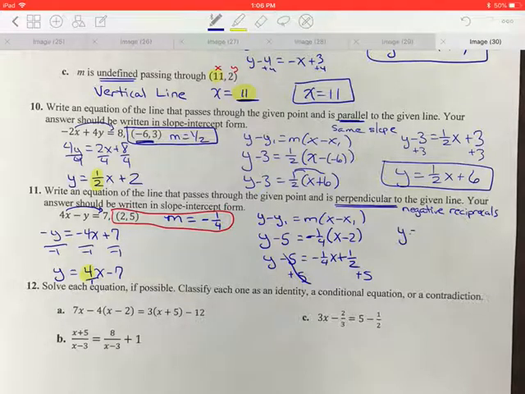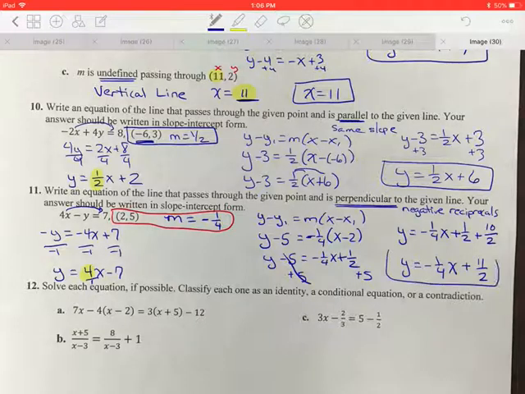So I get y equals negative 1/4 x plus 1/2. And I'm going to take this 5 and I'm going to write it as 10 over 2. So 10 over 2 is still 5, but it gives me a common denominator. So I end up with y equals negative 1/4 x plus 11 over 2.